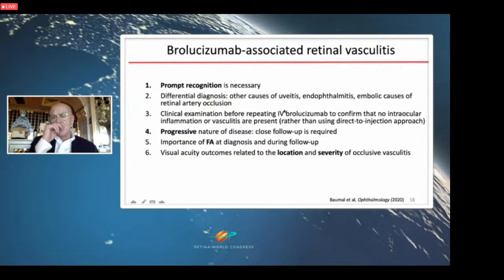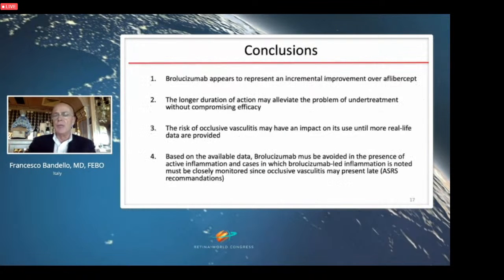Clinical examination must be done before repeating intravitreal brolucizumab in order to avoid further injections. The nature of this complication is progressive, and therefore close follow-up is required. In these cases, fluorescein angiography is absolutely important in order to understand what is going on with your patients. And visual acuity outcomes are strictly related to the location and severity of the occlusions.